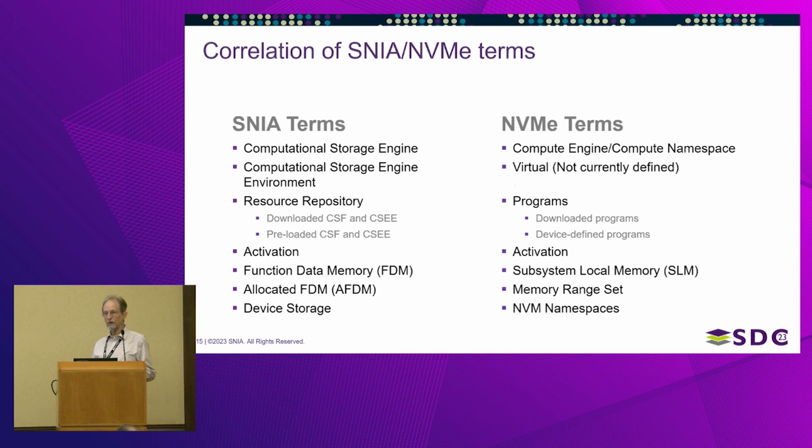You could also, on that same CPU, have another environment that is basically executing Linux programs. That's SNIA. In NVMe terms, we don't have a computational storage engine environment. It is a virtual thing that is not currently defined, and basically, whatever your engine is, it has one and only one environment associated with it.